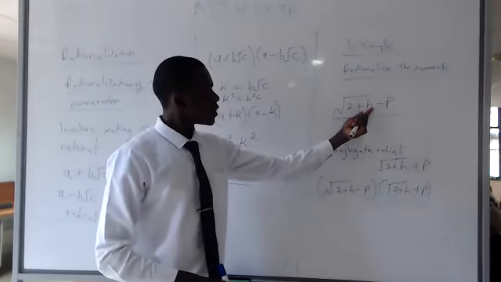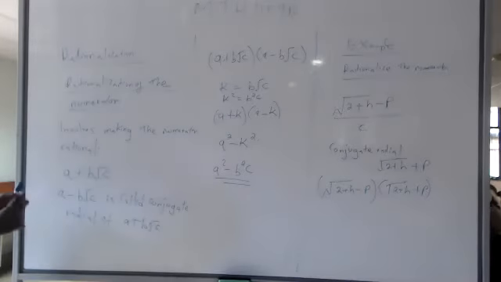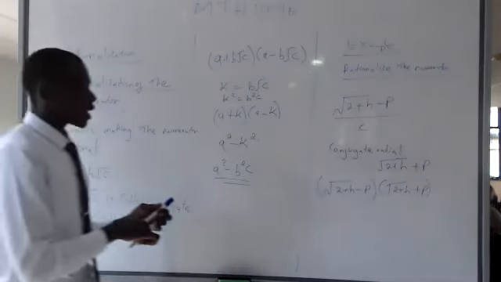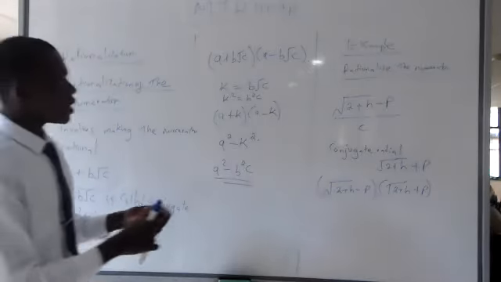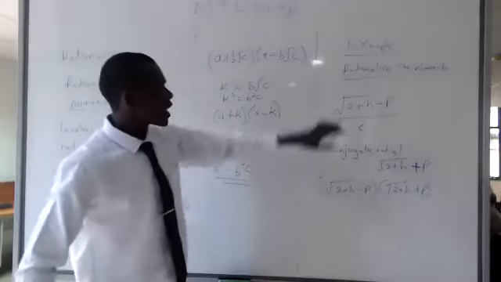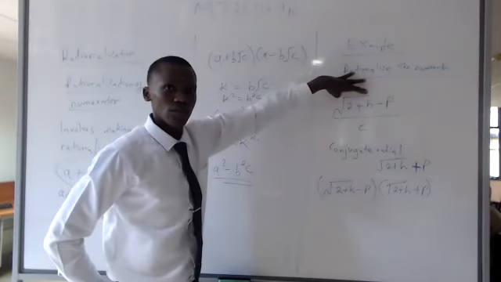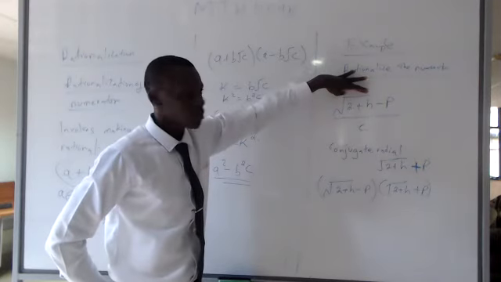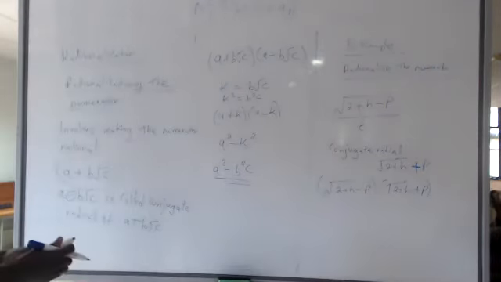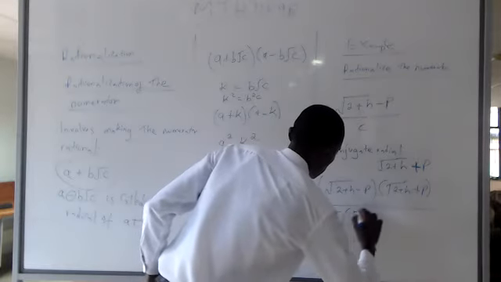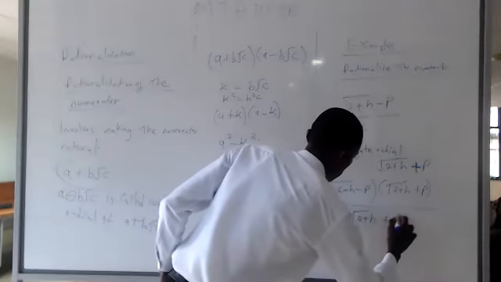You don't change the sign inside? What I gave you here is a plus b root c, and then it becomes a minus b root c. So here, why is it still 2 plus h? Yes, it's 2 plus h, but I've changed this to plus p. You don't change the sign inside the root. Okay? You change the sign outside the root. So this divided by c times root of 2 plus h plus p.